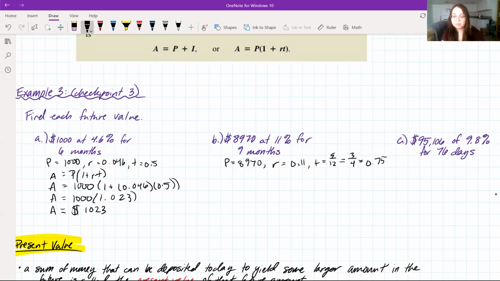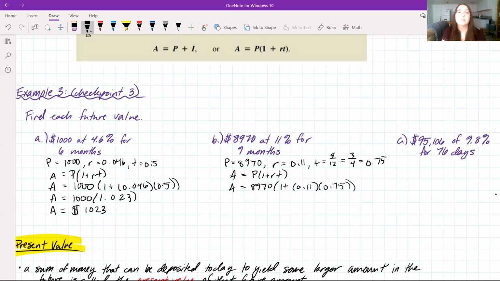All right, so now we have all of our terms here. We want to use our equation A is equal to P times 1 plus RT. If you would like to use the equation A equals P plus I, you can feel free to calculate the interest and then add it onto your principal. But this way, it's just one equation and it goes a lot faster. So now we get A is equal to our principal value, 8,970, times 1 plus 0.11 times 0.75.